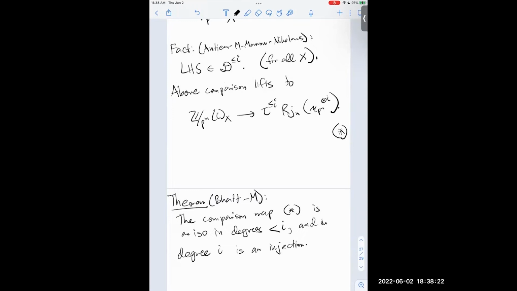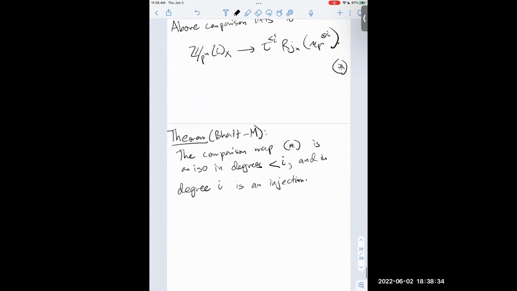So if I tell you this, that means I've completely described this object Z/p^n twisted by i on X as an object of the derived category once I've told you what the image in that top cohomological degree is. So let me also tell you that.